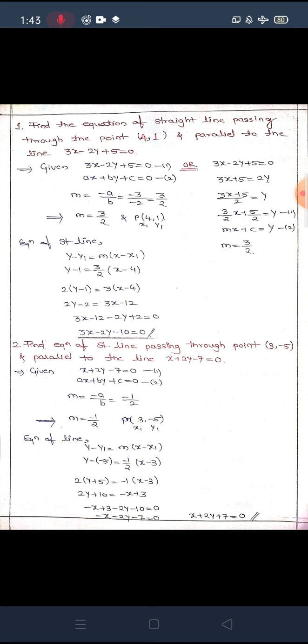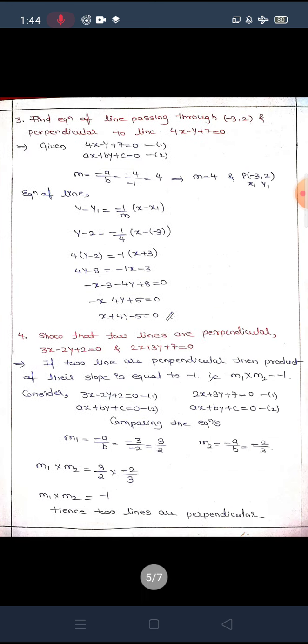Then minus x minus 2y minus 7 is equal to 0. Now take out the minus sign as common. So what are you getting? x plus 2y plus 7 is equal to 0. This is the equation of the straight line which is parallel to the given line.